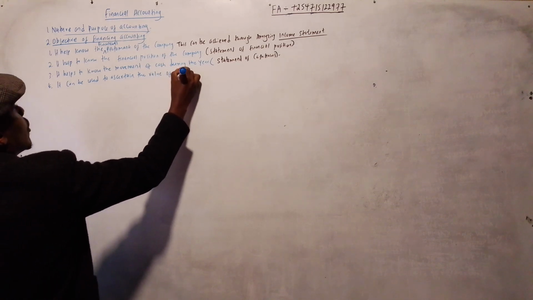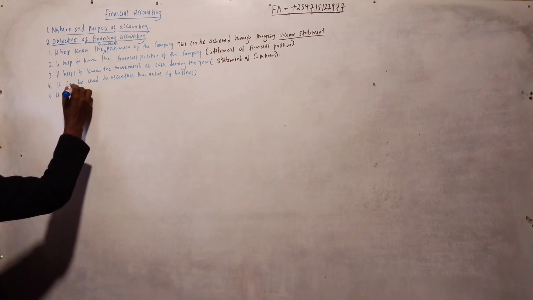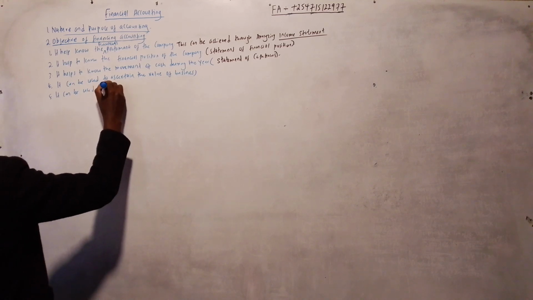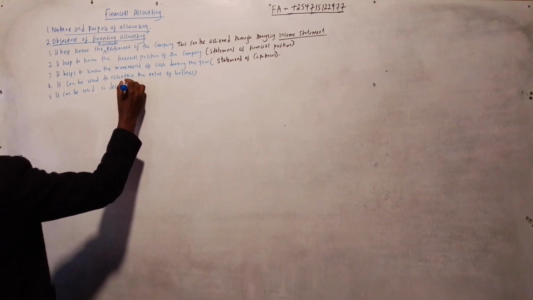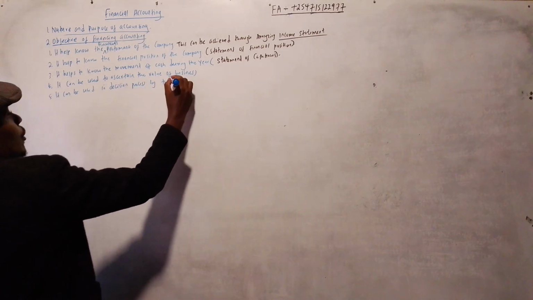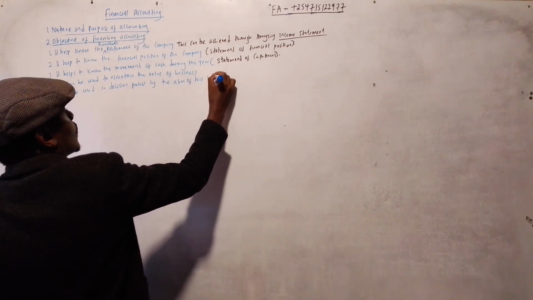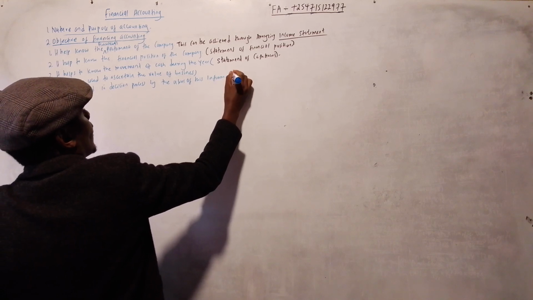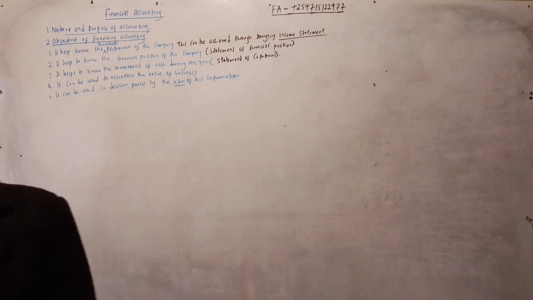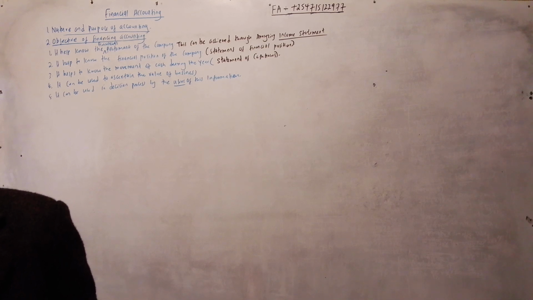And then the last one, number 5, it can be used in the decision-making process by the users of this information. So the keyword here is the word users. The users of this information are very, very important when it comes to the decision-making processes.